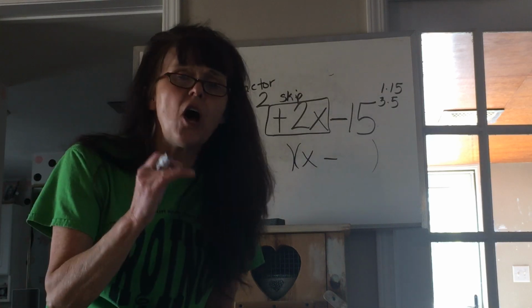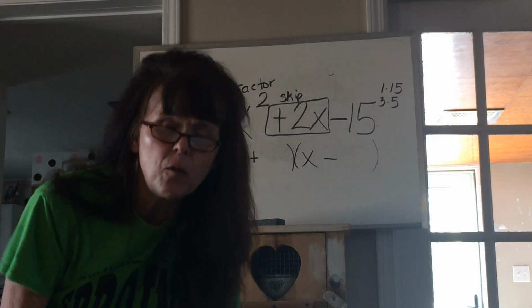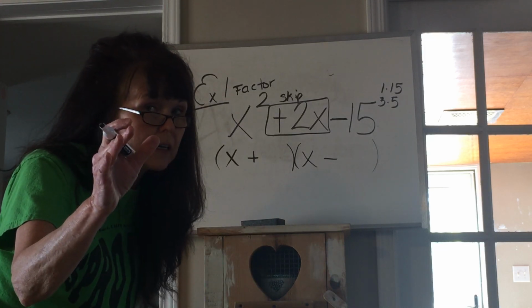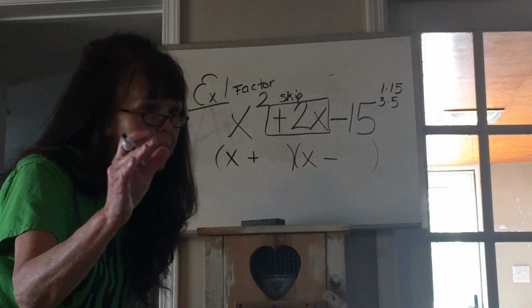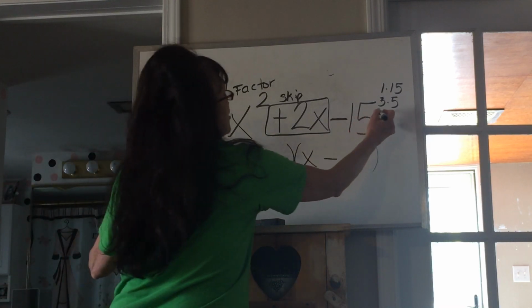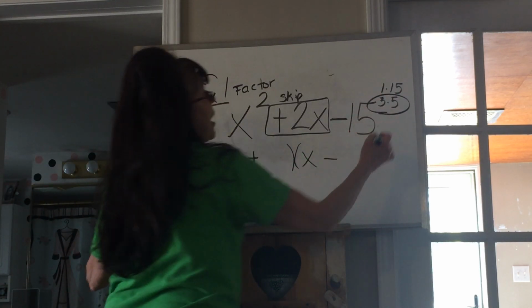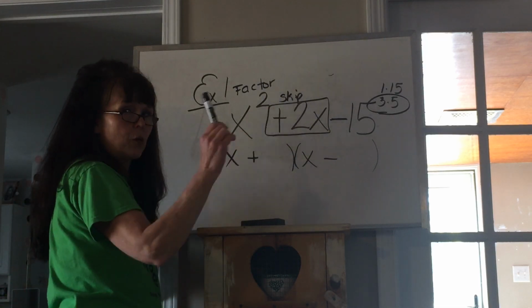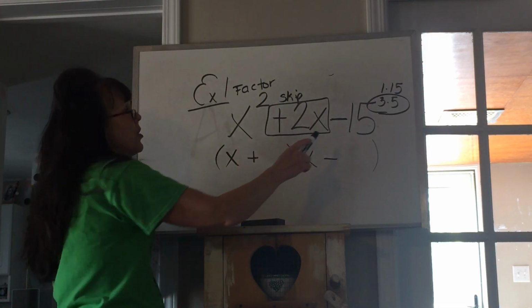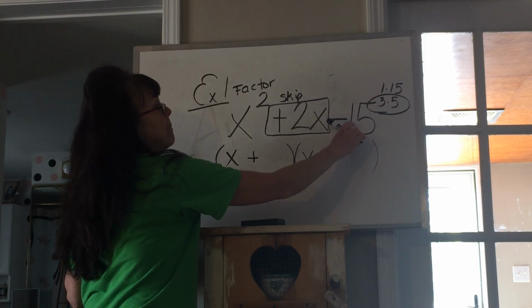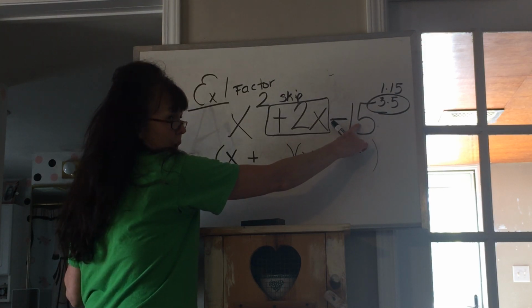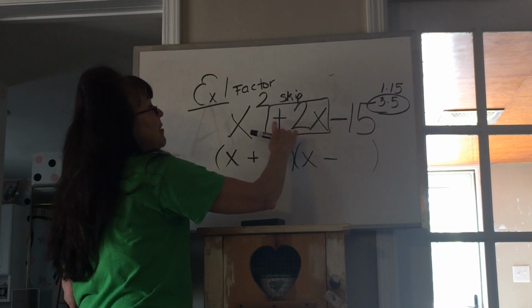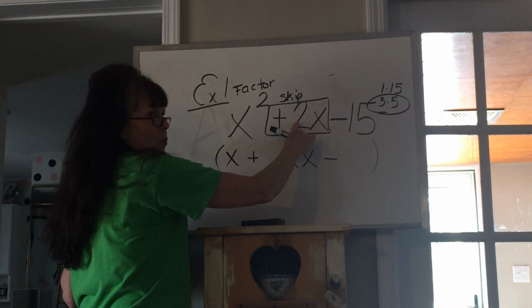Now, how do I know which one is correct? How do I know which one I need to use? Well, here's the trick. You would want to use 3 times 5. Why? Because it's like reading backwards: 2 numbers that multiply to give you 15, but when you subtract, it gives you positive 2.